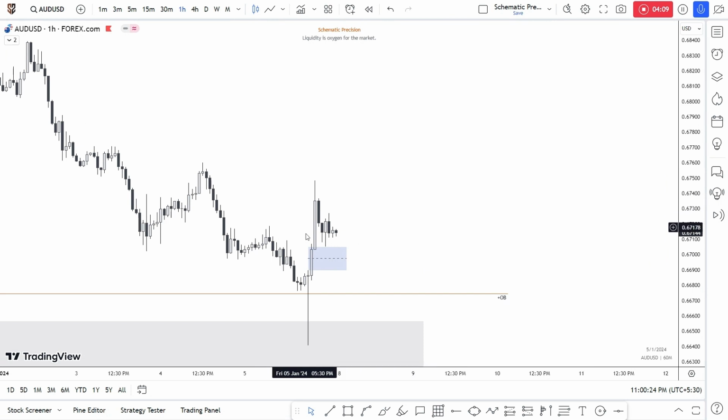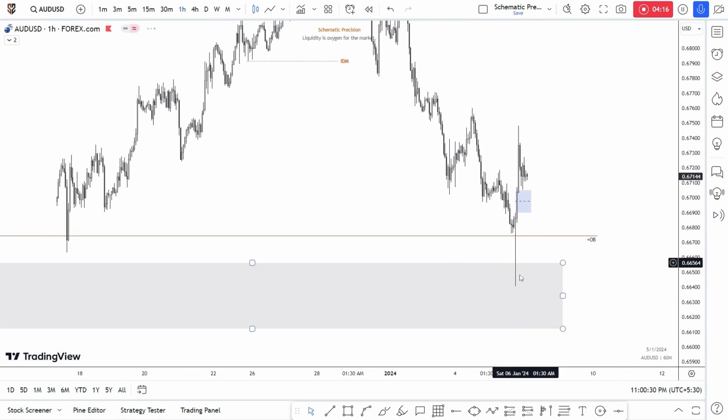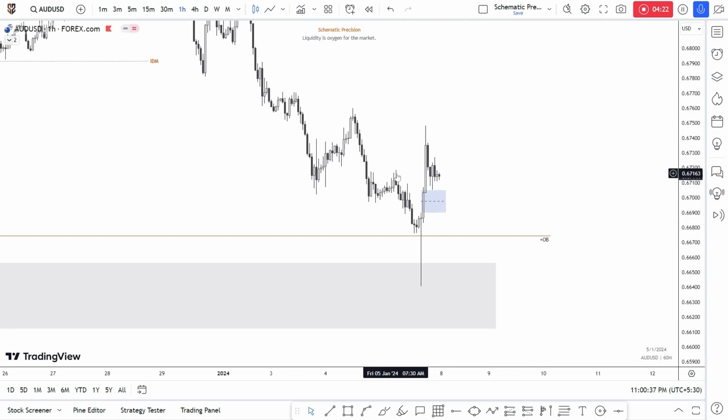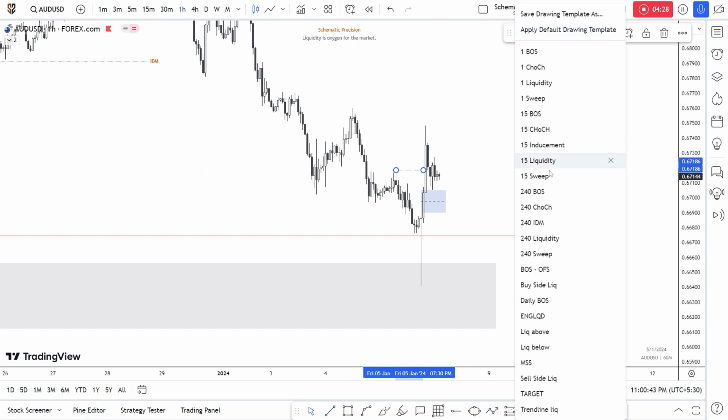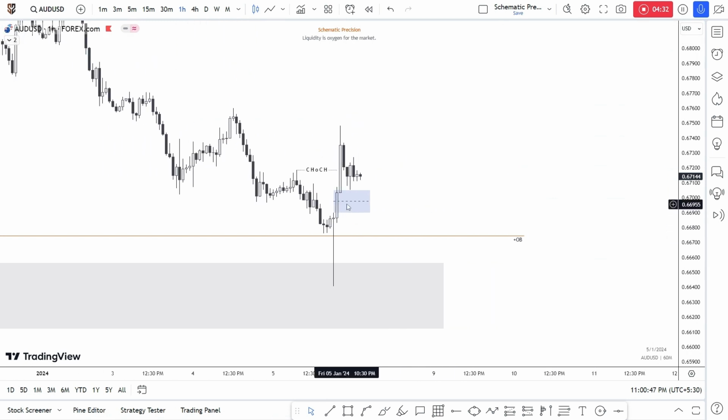Yeah. So here as well, after grabbing this liquidity from the previous lows, mitigating the daily fair value gap, mitigating the order block, we have shifted the structure here after taking all the sell side liquidity. So after this shift in structure, we have this fair value gap left with us.